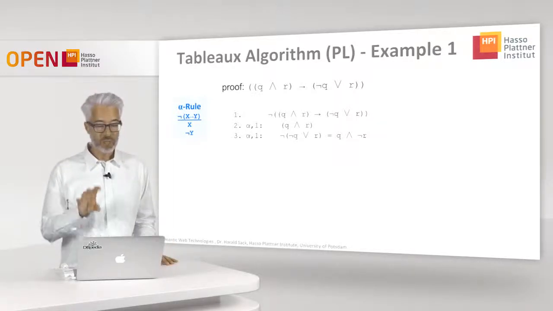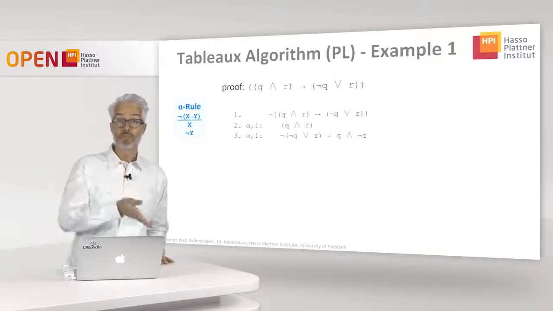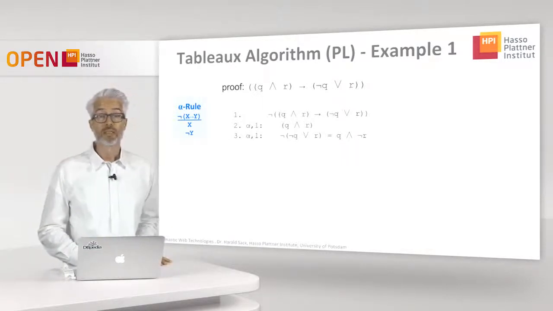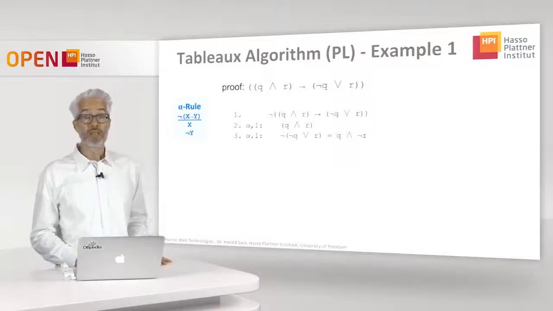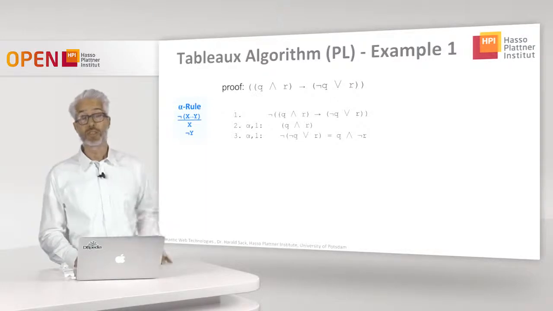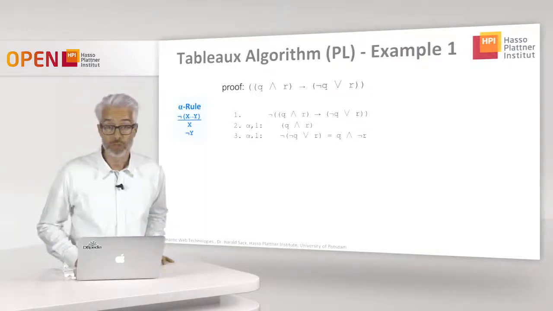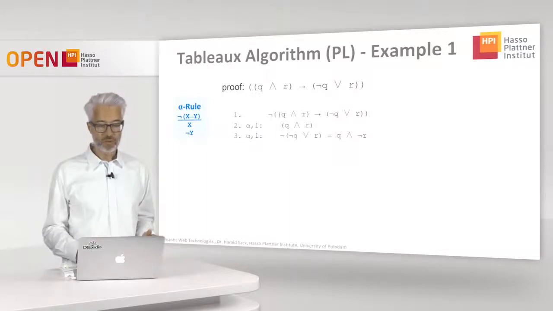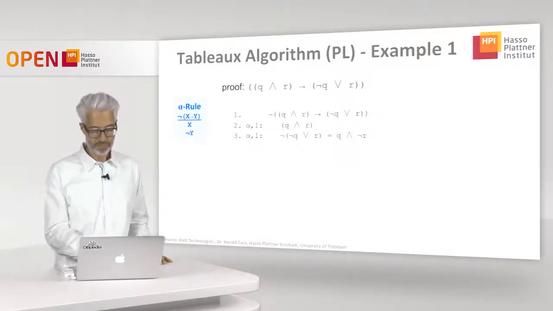Usually we write that by numbering the single rows of the tableau, and after each number we write which rule we apply and on which row we apply it. So this was the first application of the alpha rule.